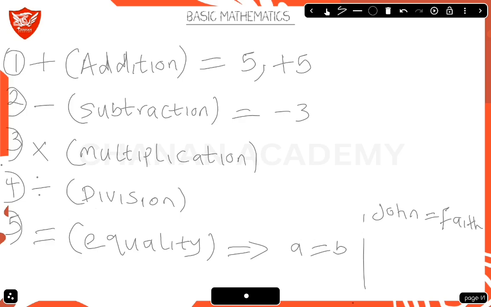So if I now ask you and say John is 5 years, how old is Faith? It simply means if John is 5 years, Faith is also 5 years. That's what the equality sign means. So let's move to the next one.